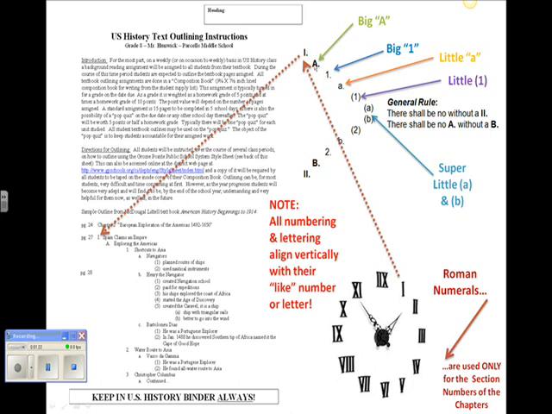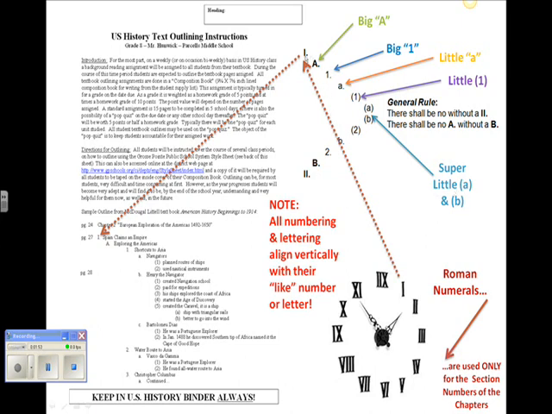Then the second level, and I'll explain the indentation as we progress, is a big A, and it is directly followed by a big B, which is down here. Our second number is a big 1. Then we have a little a, then we have a little 1, and to separate it from the big 1, we put it in parentheses. We then have a little a in parentheses, which makes it a super little a, or in this case, a and b, super little a and b.